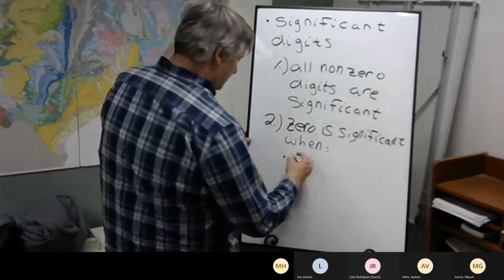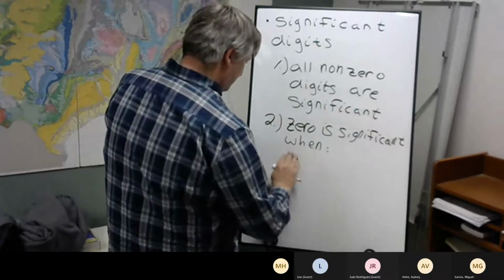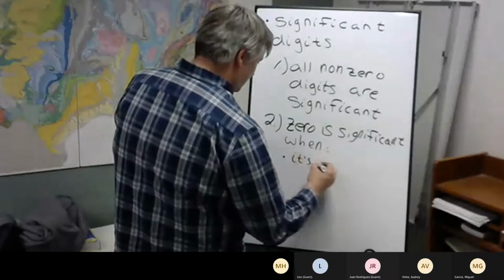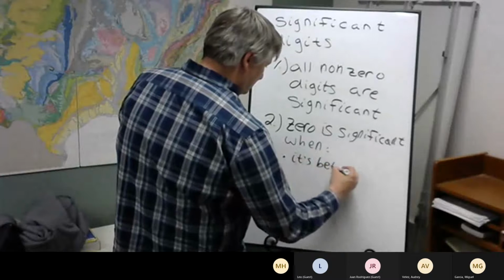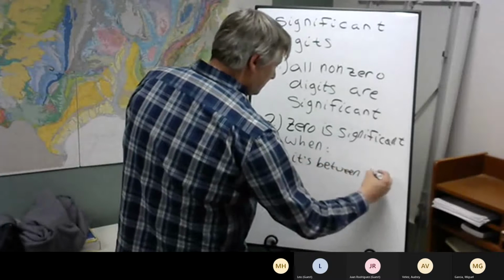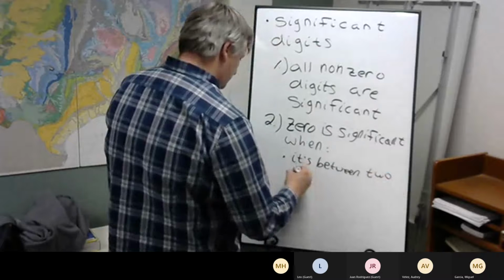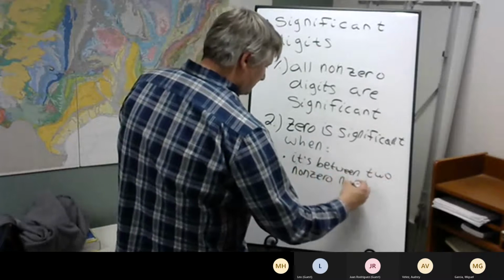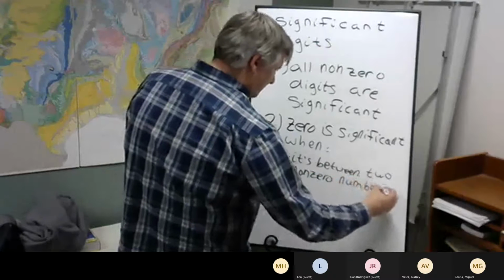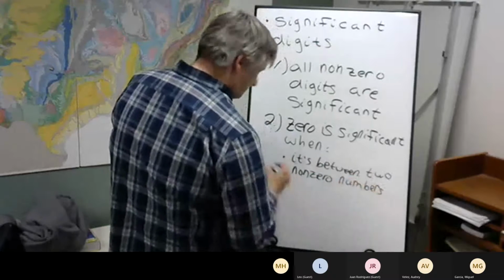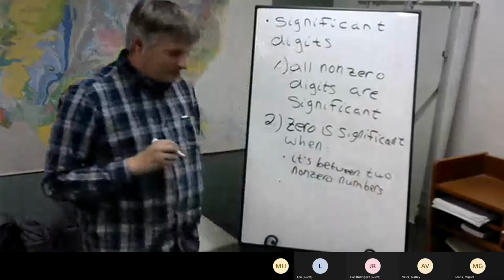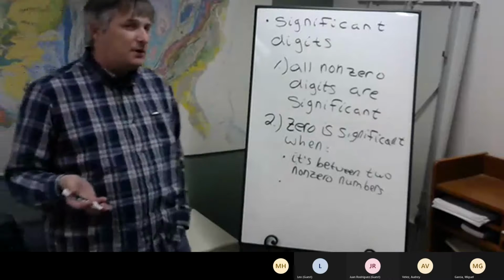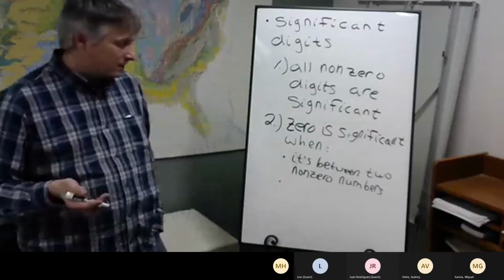So when it appears that it's between two non-zero numbers, so if it's between two non-zero numbers, it is significant.